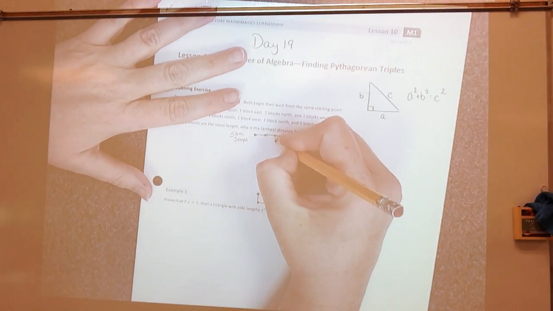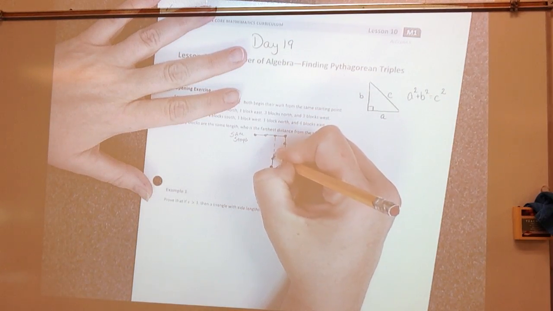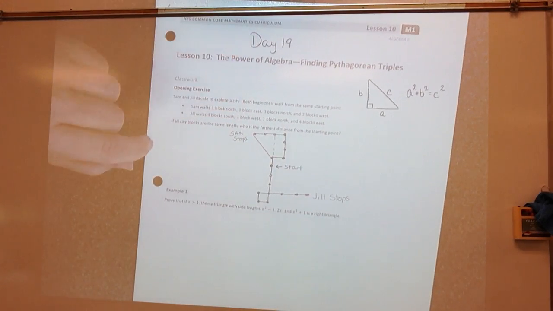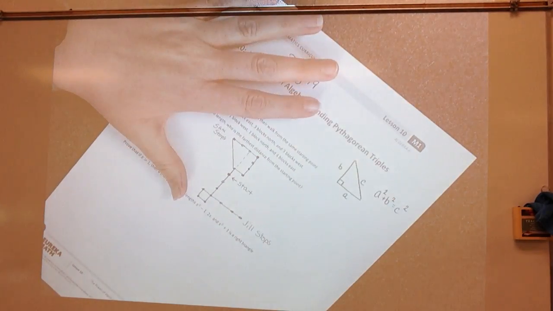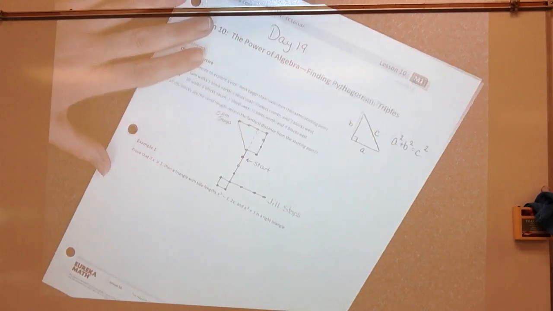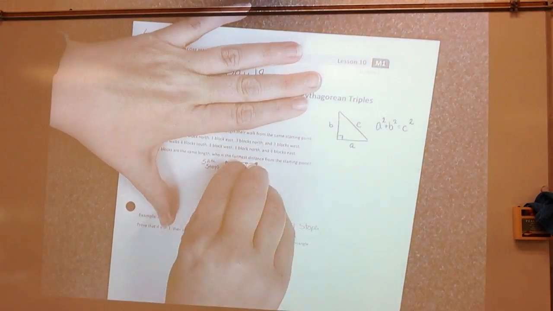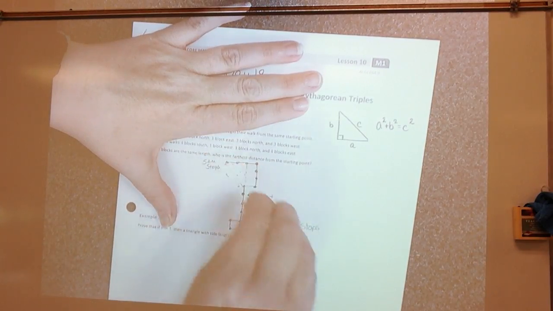I'm going to draw just a dotted line here. And then look at this, guys, I've got a right triangle. I'll tell you what, I need an eraser. I need to draw it back to my starting point.